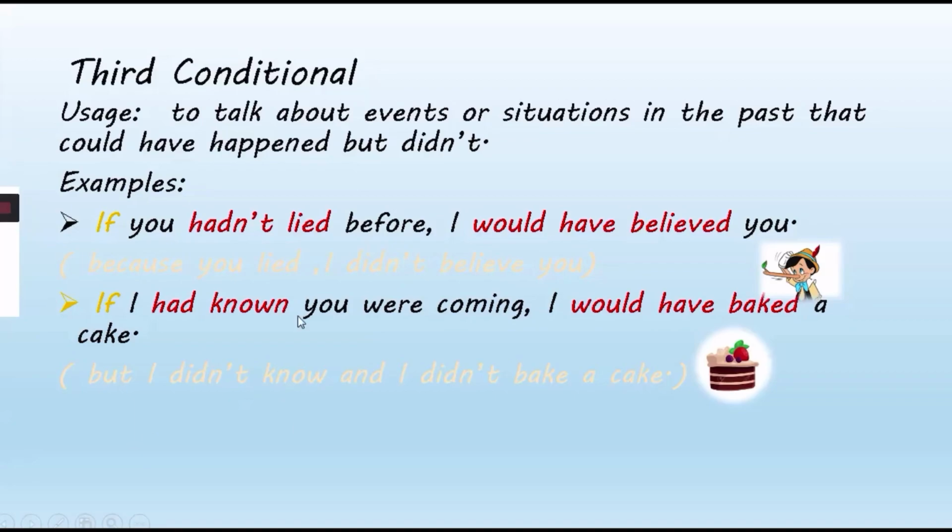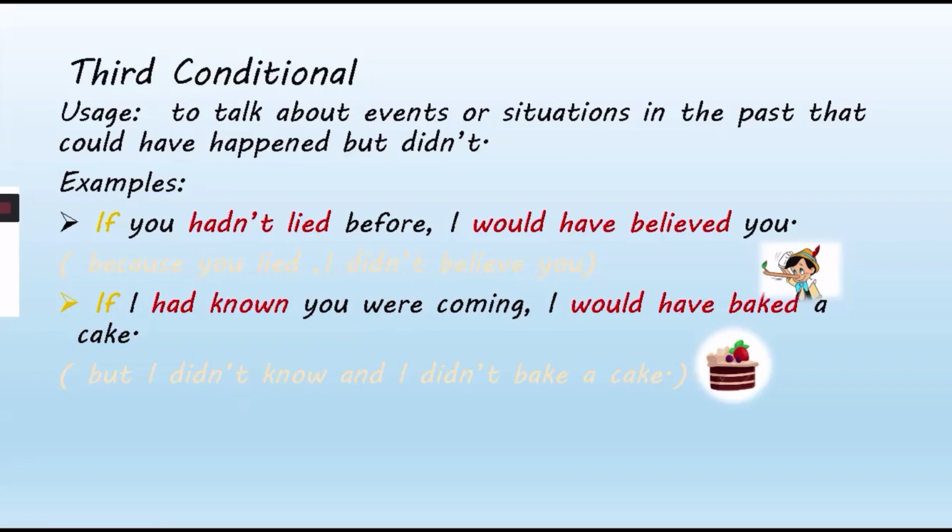Okay? So, how do we form it? We use if followed by the I, then had, then the verb 3, which is known in here. In the main clause, we have the subject, then would, have, baked. Okay, so in the third conditional, the main clause, you need to use would, have, verb 3. Okay, so you just follow the formula.